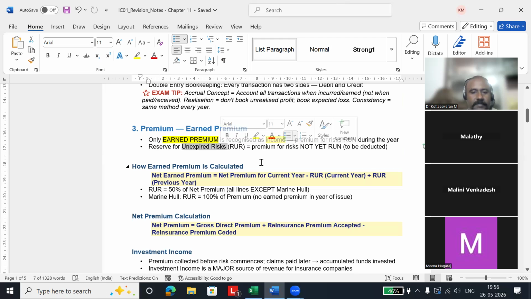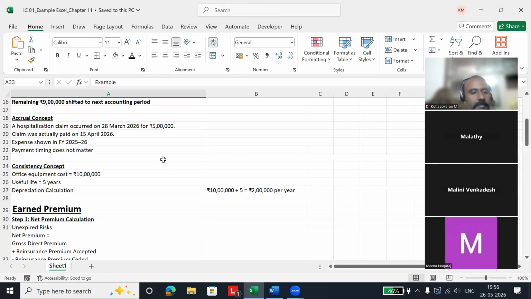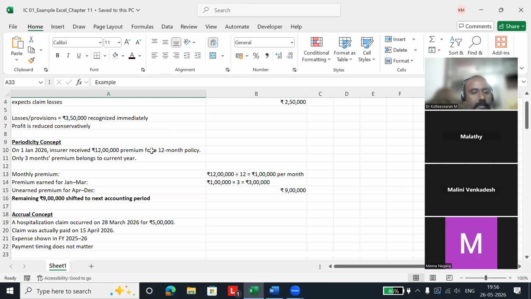Unexpired risk is a concept. Unexpired risk, URR. Okay. Unexpired risk means expired risk, unexpired risk. For example, we have seen one example before, in the periodicity concept.